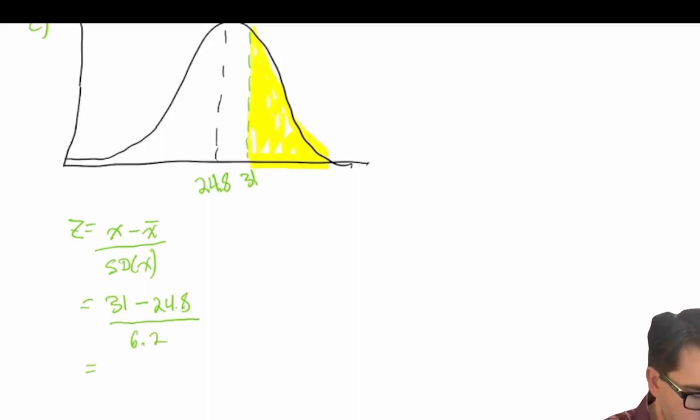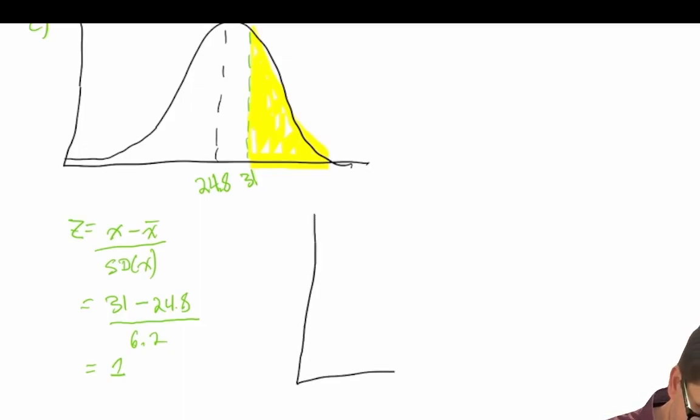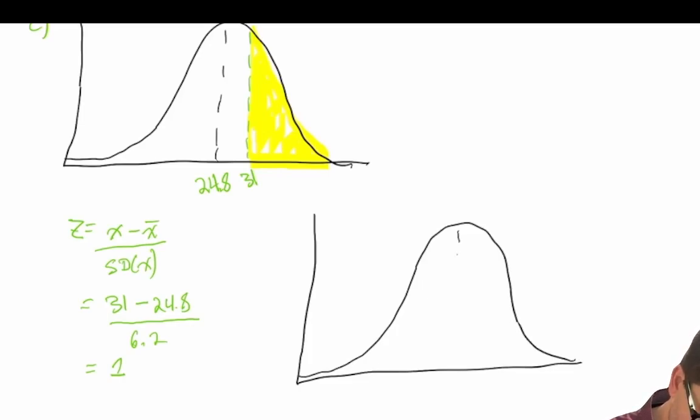So 31 minus 24.8 is 6.2 divided by 6.2 gives us a z-score of 1. So we can draw our standard normal distribution. In our standard normal distribution, we're centered around a z-score of 0. And what we have here is a z-score of 1.